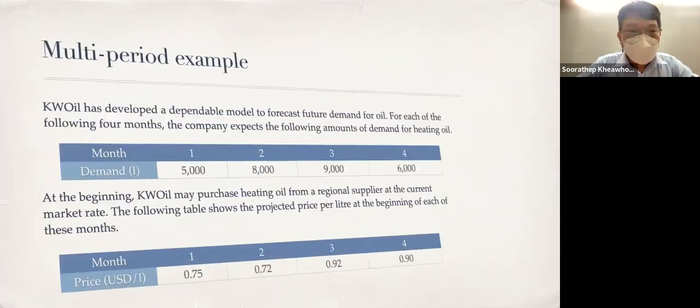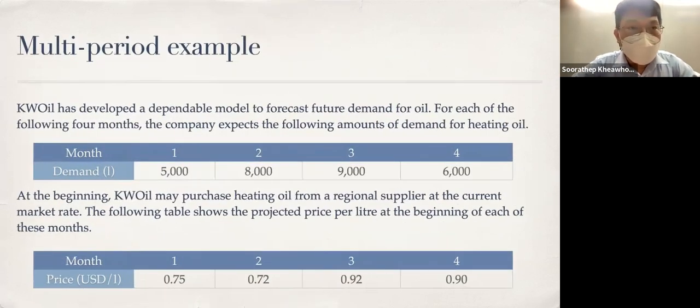Okay, so the next one is a multi-period example. This is new content for this week. This class of optimization problem we call a multi-period optimization problem. It is a problem involving a plan for production, for whatever, but our problem involves multiple periods.